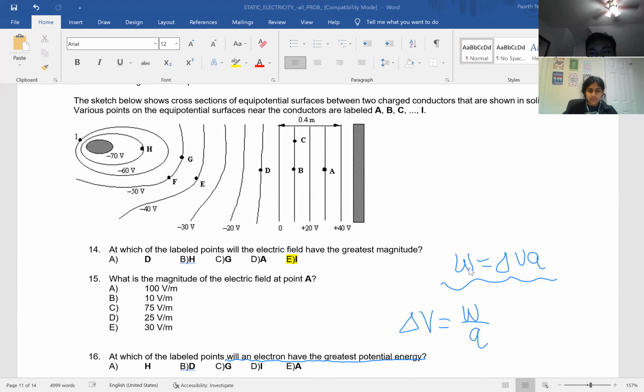Therefore, it's going to have the greatest potential energy rather than any of the other ones because it's the one that is approaching the negative 70 volts. Also, doesn't I revolve around the field with negative 60 volts, whereas H is negative 70? So yeah, you could say that the magnitude of the potential energy is also greater, right? Yeah. Okay.